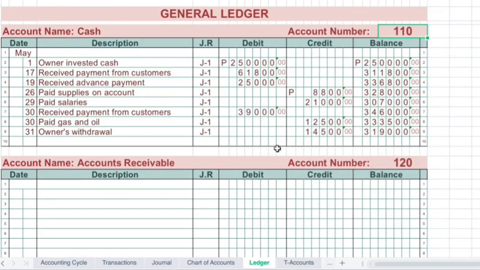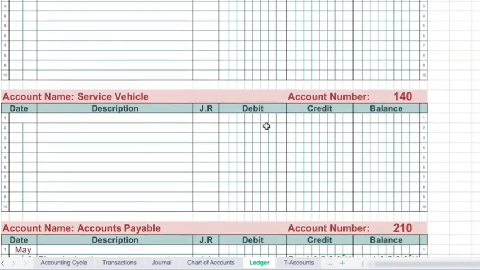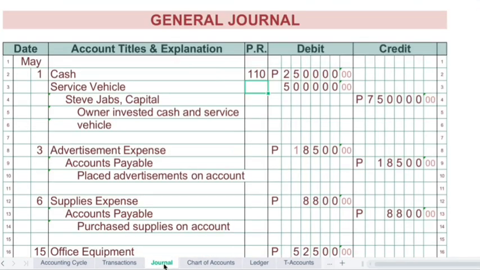And then, for the service vehicle, imagine na lang na na-post na natin yung entry natin from the journal to the ledger. So, that is 140. So, ilalagay na natin dito 140. Okay. So, pag may mga naka-input na sa posting reference, ibig sabihin nun is posted na siya. Alright? Okay. So, ganun na kasimple.